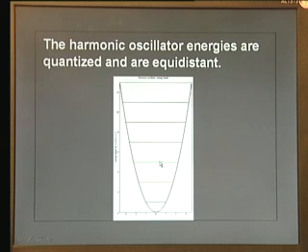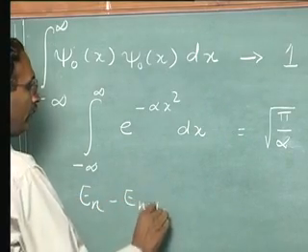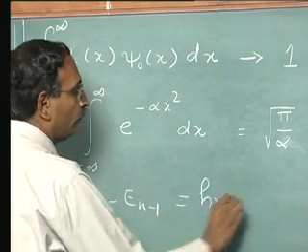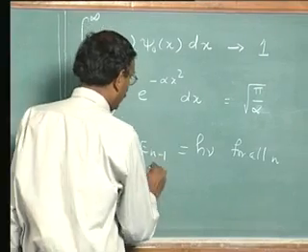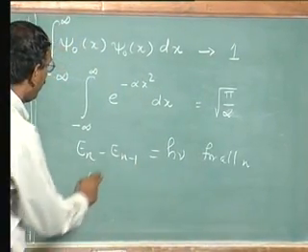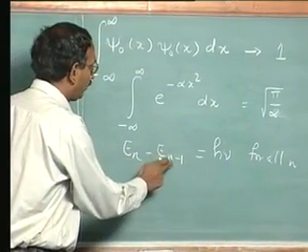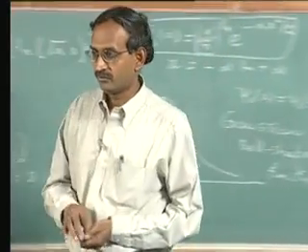So the distance between any pair of nearby energy levels is the same, and that is equal to h nu. That is, En minus En minus 1 is h nu for all n. N minus 1 should be 0, so the lowest level is E0. If you go E0, E1, E2, all of them are equidistant.